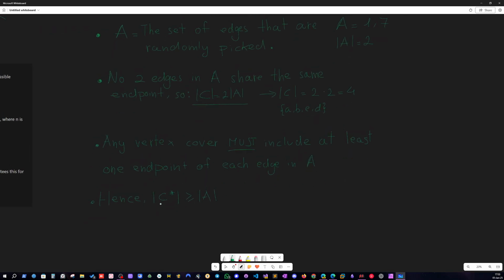So the cost of the optimal solution, C star, is greater than or equal to A.